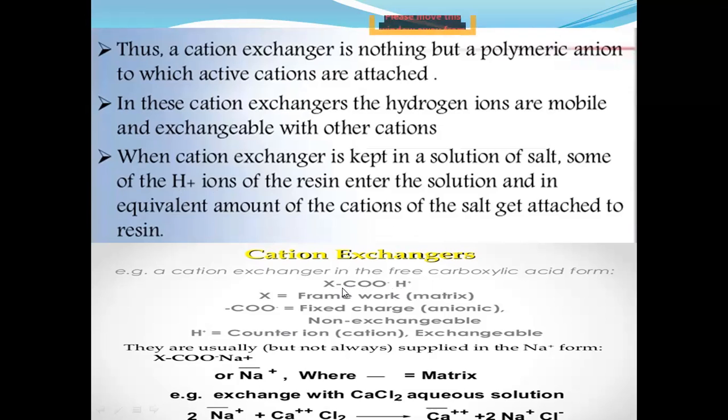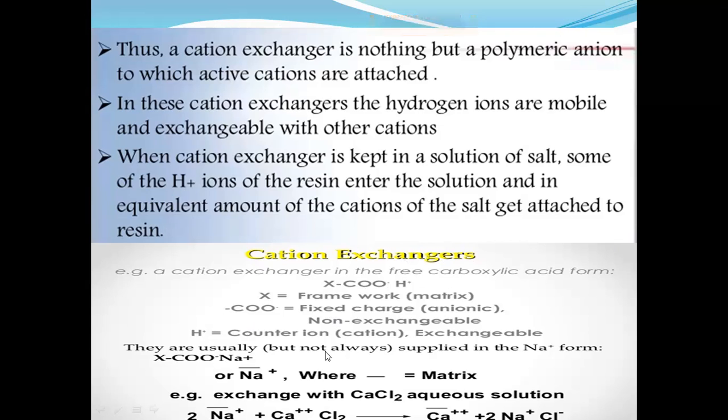The active site has the cation H plus, the counter ion, the exchangeable ion, in terms of the incoming cation.